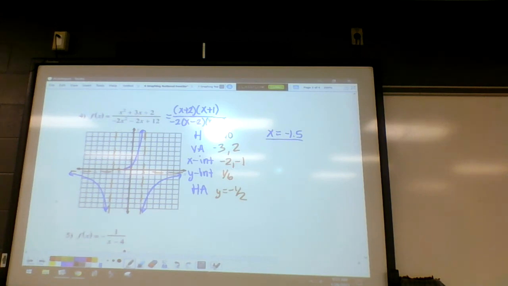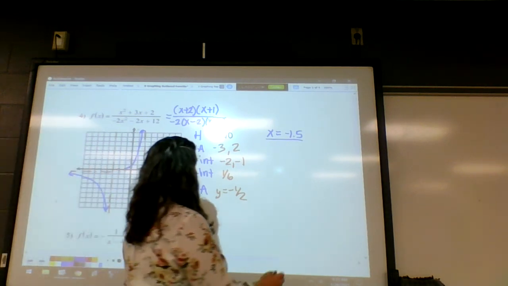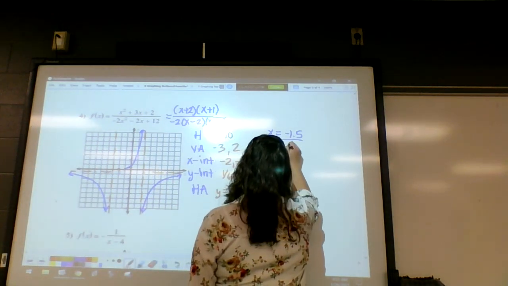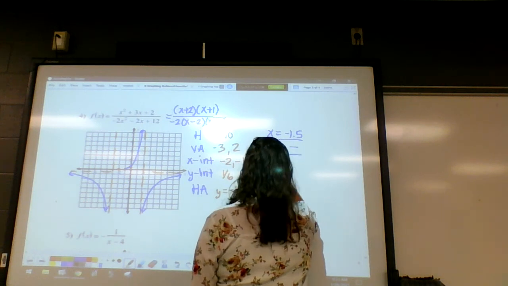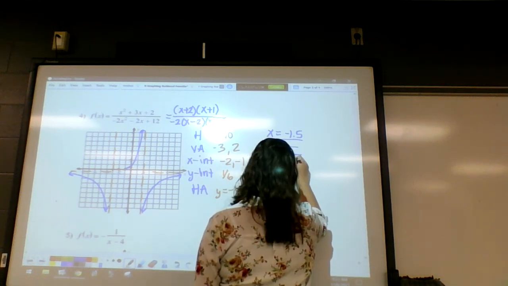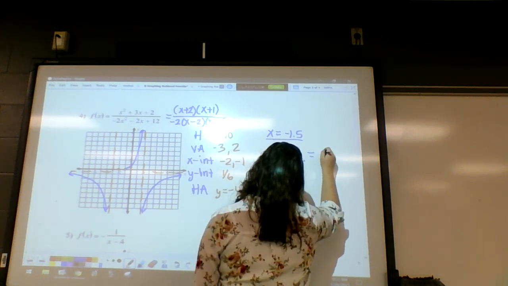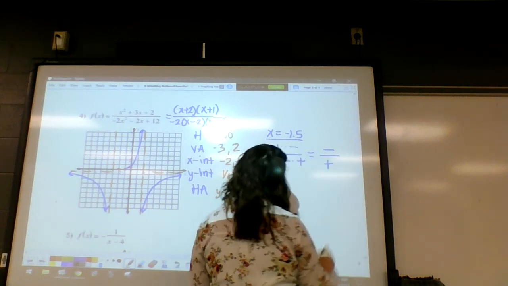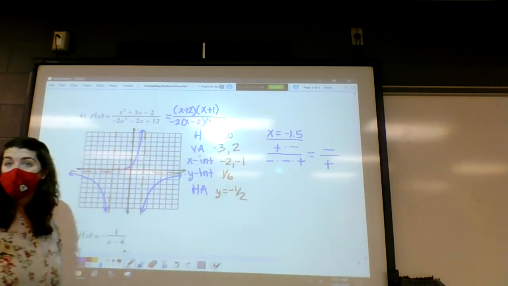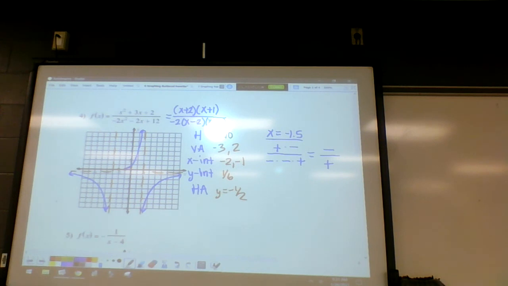So you're checking negative 1.5 to decide if it goes up or down. So I get a negative over a positive at the end. So it would go down.